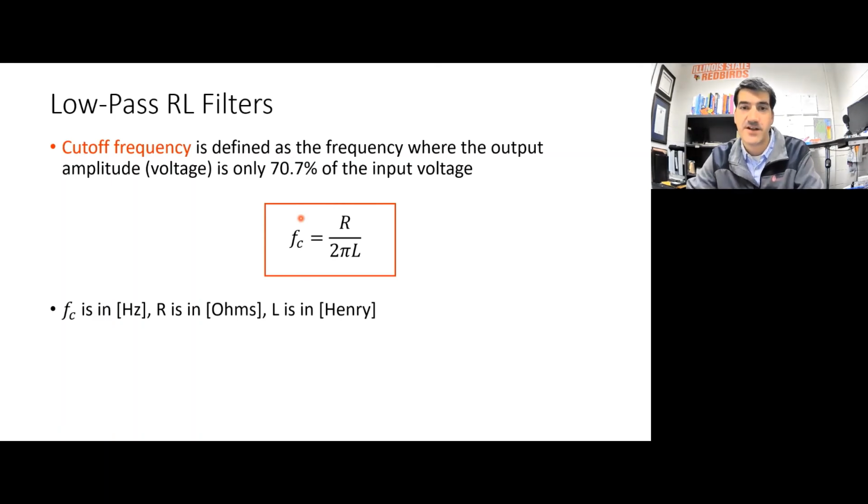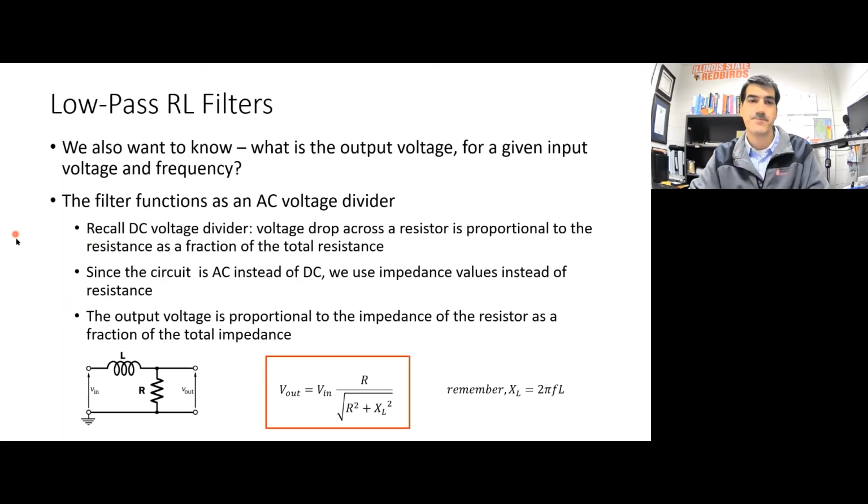The equation for the cutoff frequency for an RL filter is R, the resistance in ohms, divided by 2 pi L, where L is the inductance in henries. And FC is still in hertz. Just like for an RC low-pass filter, when we have an RL low-pass filter, we also want to be able to know what the output voltage is when we have an input voltage at a certain frequency.